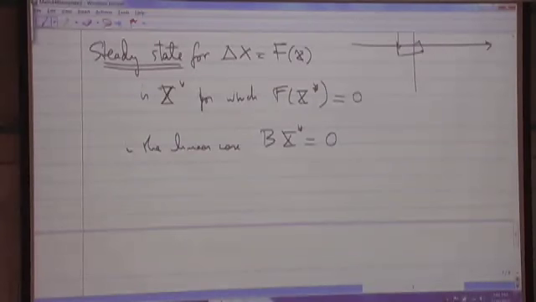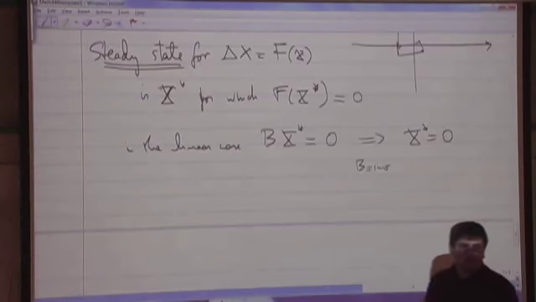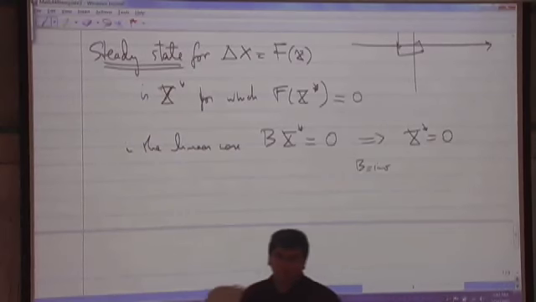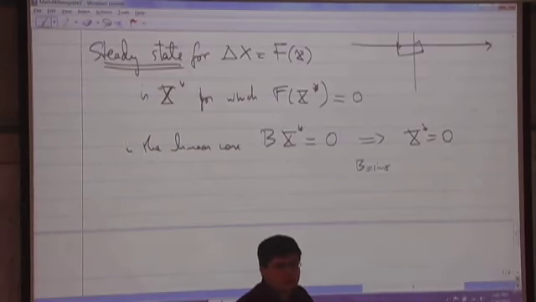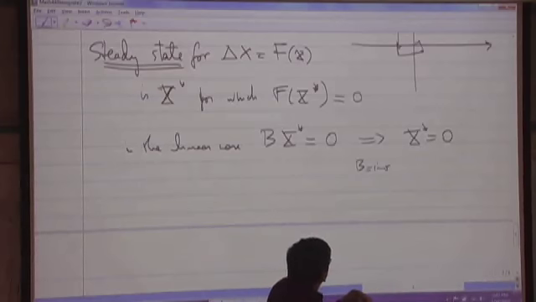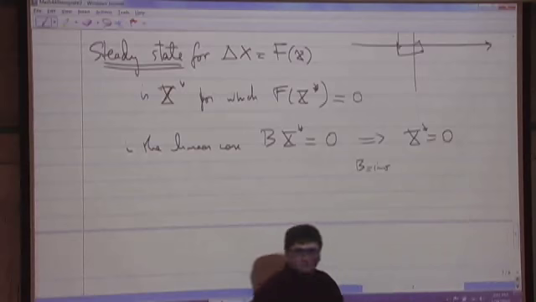And now I guess I should say if B is invertible, then 0 is the only steady state. If B is not invertible, 0 is still a steady state, right? So 0 is always a steady state, but there may be others, okay?